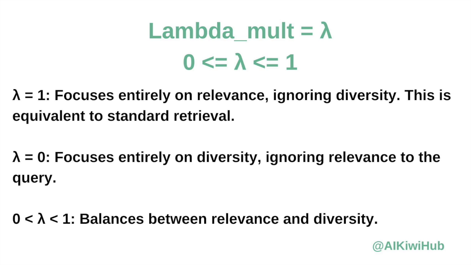When lambda equals 1, it focuses entirely on relevance, ignoring diversity. This is equivalent to standard retrieval. When lambda equals 0, it focuses entirely on diversity, ignoring relevance to the query. When lambda is between 0 and 1, it balances between relevance and diversity.